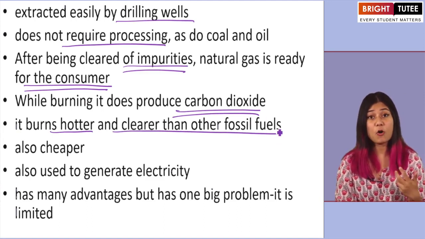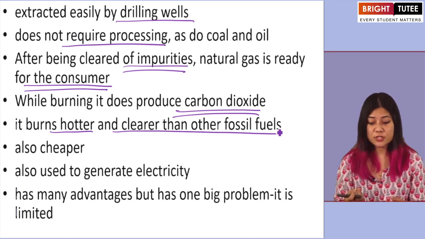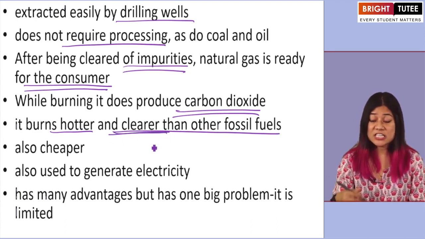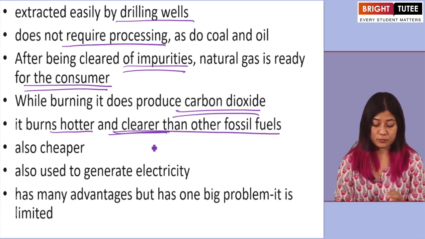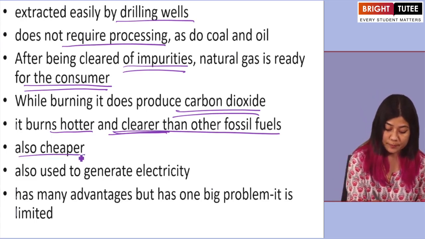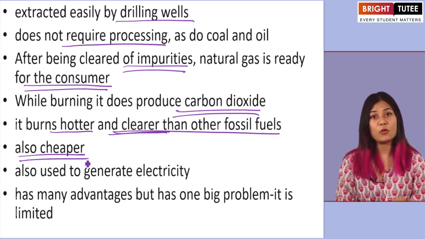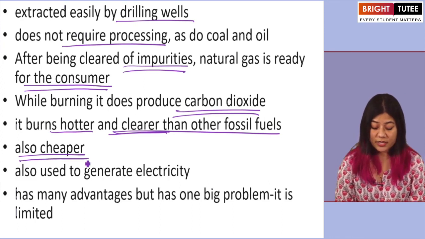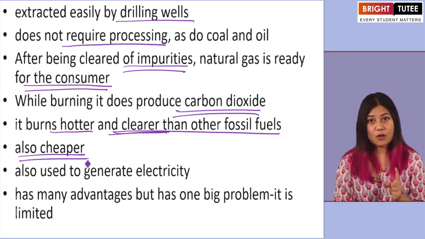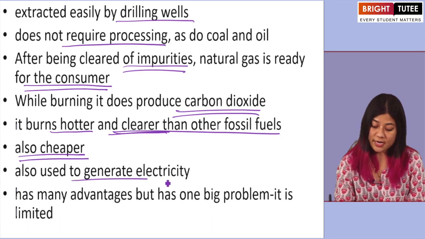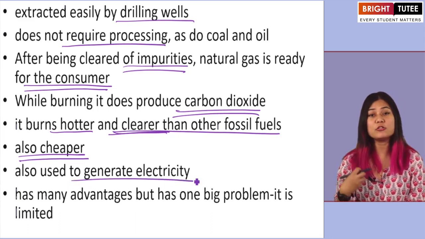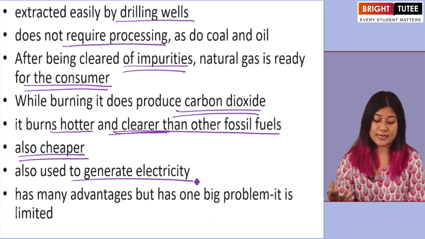So it burns hotter, it is much more efficient, and it burns cleaner than the other fuels, and it is also cheaper than coal and petroleum. Natural gas can also be used for the production of electricity.